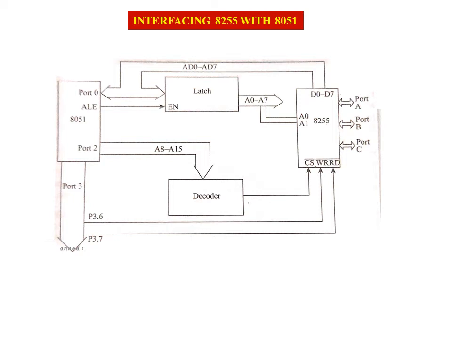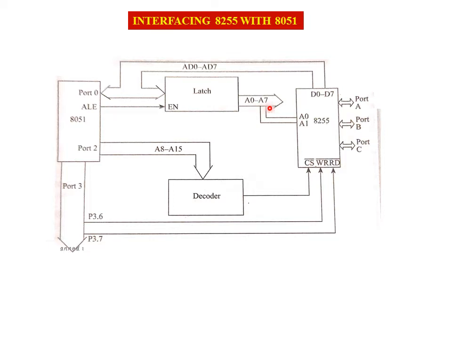So we already know there are 4 registers, port A, port B, port C and control register. To select any one of the 4 registers, we require selection lines. The selection lines connected here are A0, A1. These A0, A1 are selected from the address bus A0 to A7.